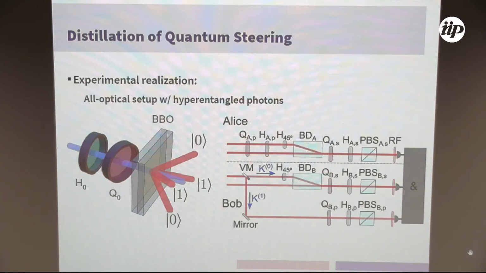The local filtering is actually implemented here in this semi-transparent mirror, where, depending on the position, we can make the amplitudes balanced when it is transmitted, and we obviously lose any type of correlation between this side and the other side if it's reflected.